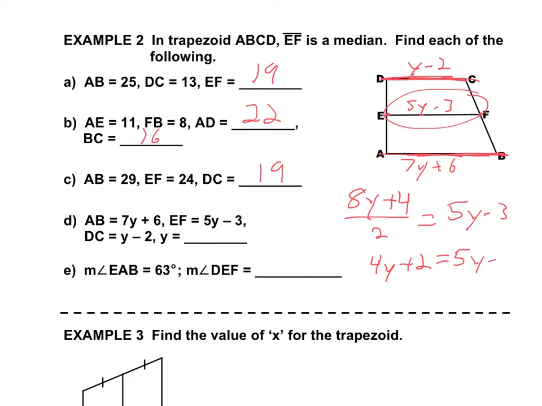Equals 5y minus 3. We start working at it. I'm going to move my 4y. I'm going to move my 3. And I get 5 equals 1y. So my y here equals 5. Okay. And last but not least, let's figure out E.